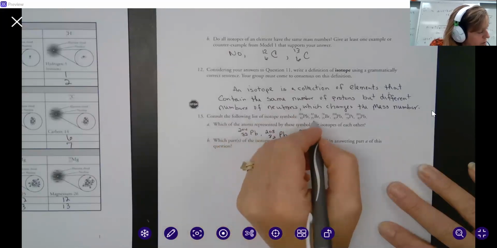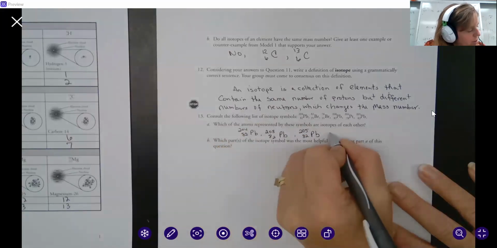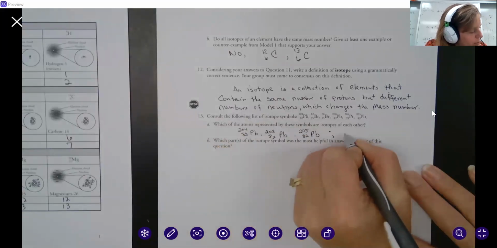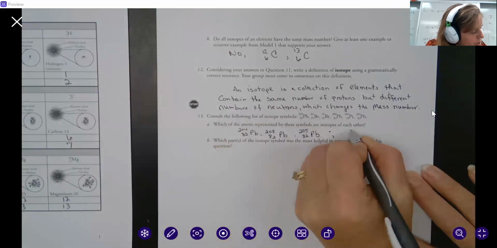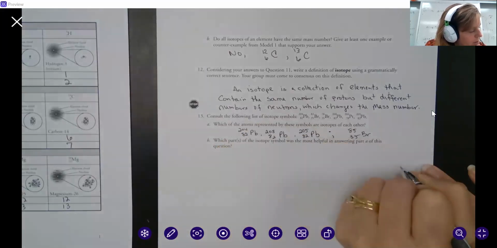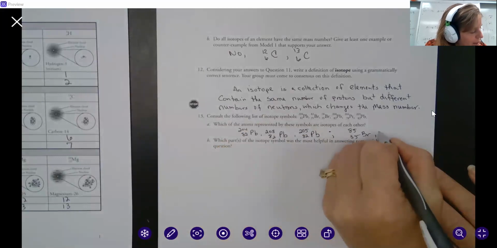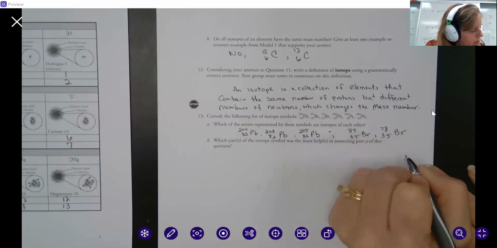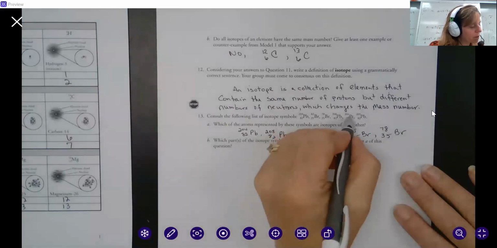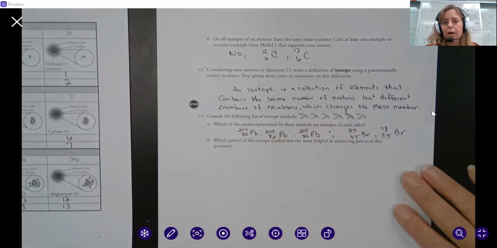And then we also have another set. We have Br, which is 82 and 35, and we have 78 and 35. And then platinum doesn't go with anything, so there's no isotope for that one.